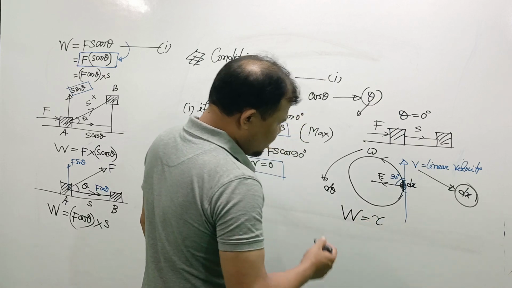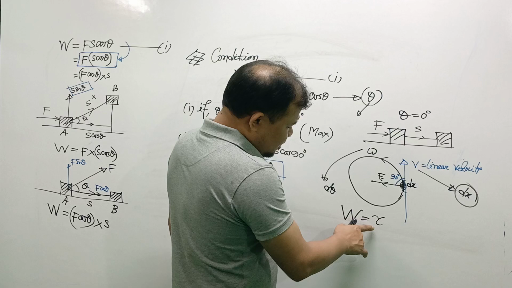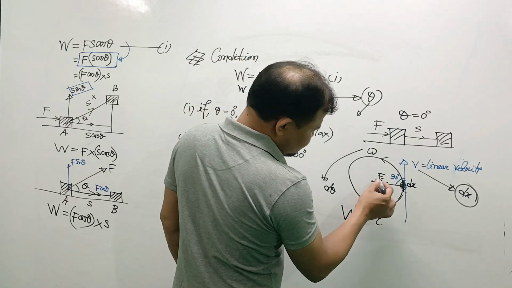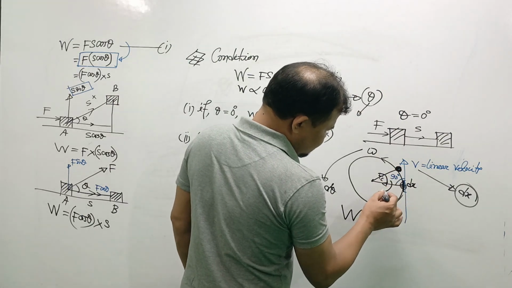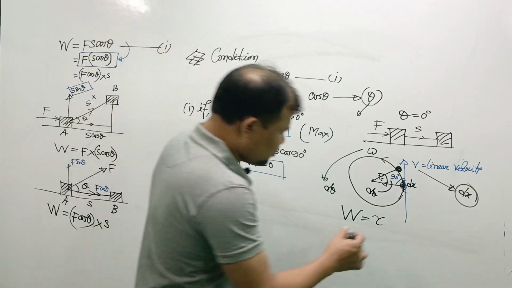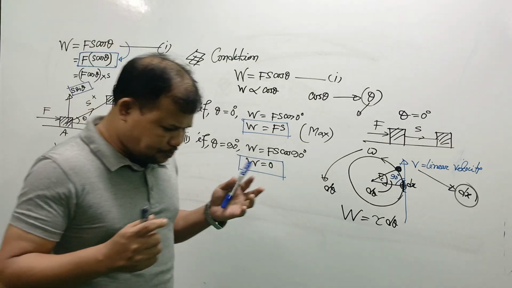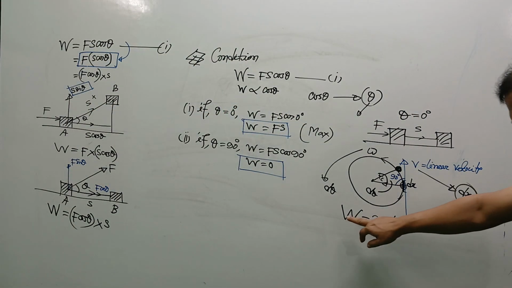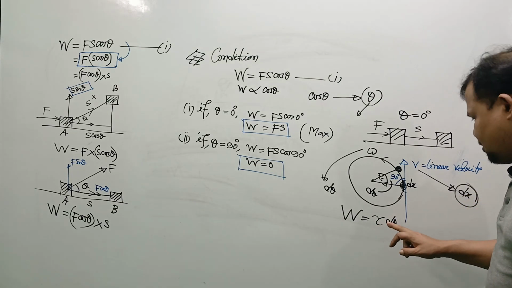Suppose our equation is to find the work done W, we need force. Here we take the displacement as angular displacement. Suppose this body goes from point A to B, then a displacement occurs. Suppose the value of this angular displacement is d theta. According to our equation, we can measure work done by this equation: W is equal to tau d theta.